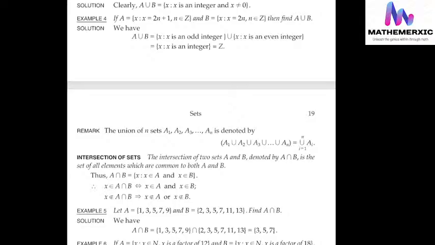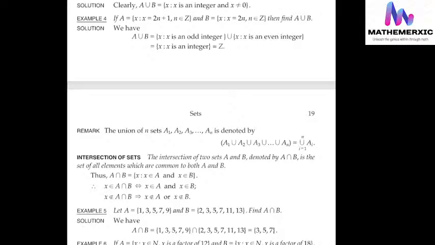We can also denote it separately with a single symbol, the union symbol, and that is a good logic. Union of i equal to 1 to n, Ai.